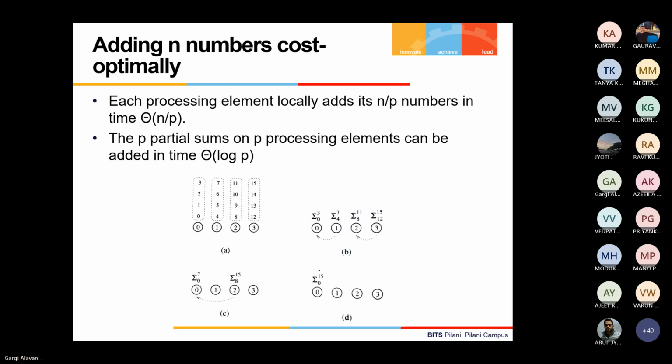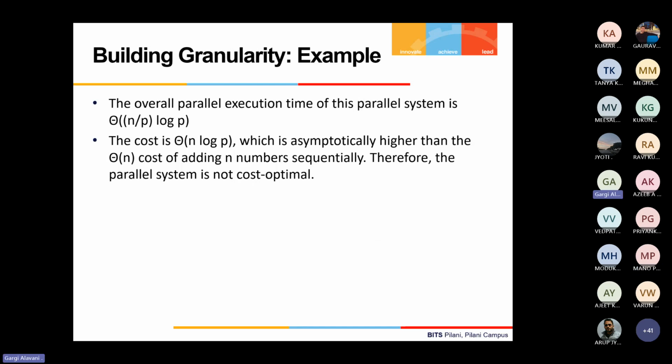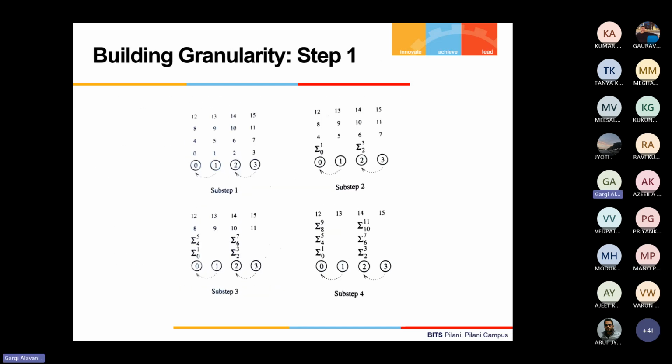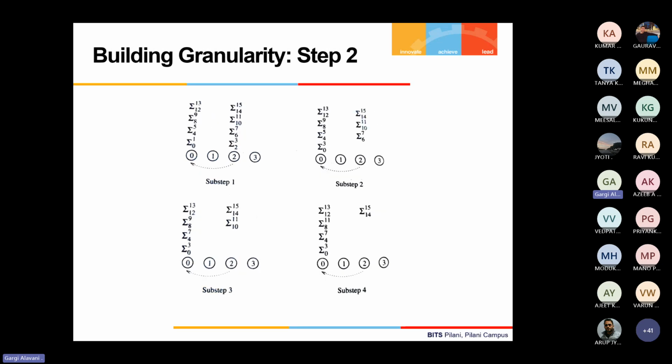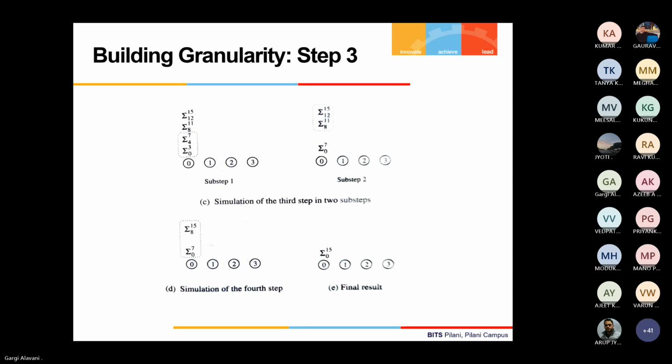I agree. But for this particular problem, just decreasing the communication between processors and trying to do tasks per processor can help you make the solution cost optimal. Because we are finishing this in log p time compared to the same solution by n by p, but if communication is involved, it can increase the number of steps.